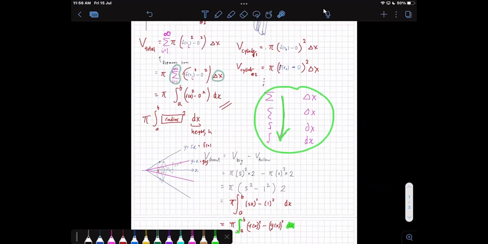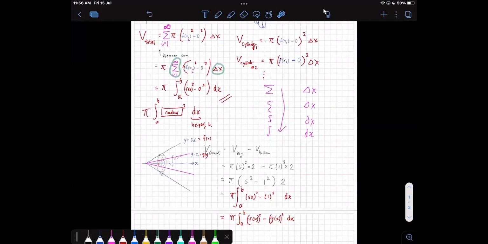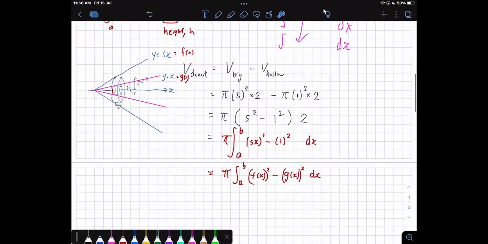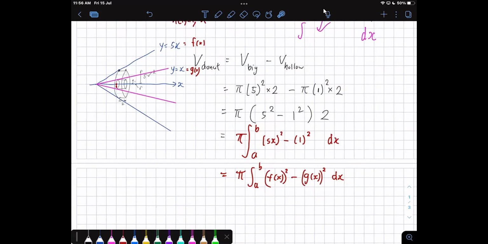I know this part may be confusing, but it's not in your syllabus, so you don't have to worry. You just need to remember the intuition behind it. The summation is because you're adding up many of these cylinders. Then r squared minus r squared is because you're taking big radius squared minus small radius squared. Okay, that is one of them for application.